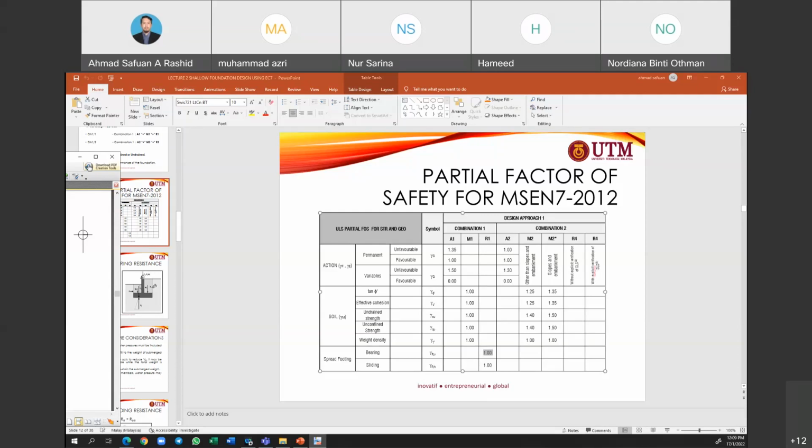This is based on Malaysian standard MS EN7. When we look at combination number 2, M2, which is other than slope and embankment, we may refer to the table.